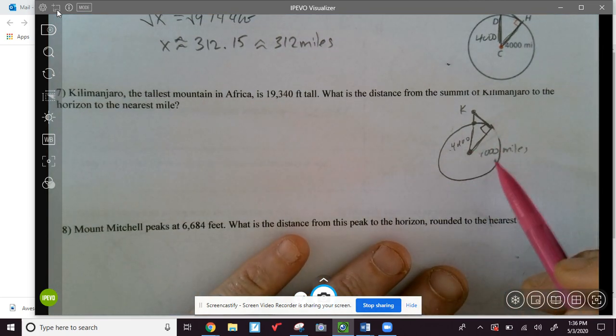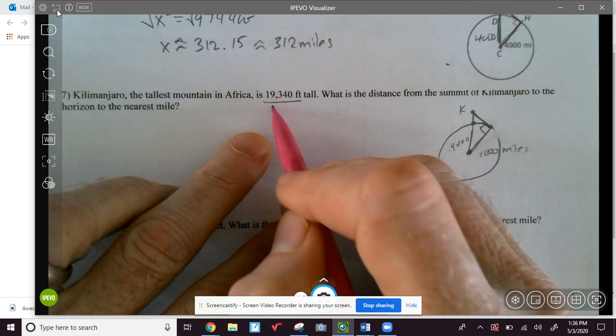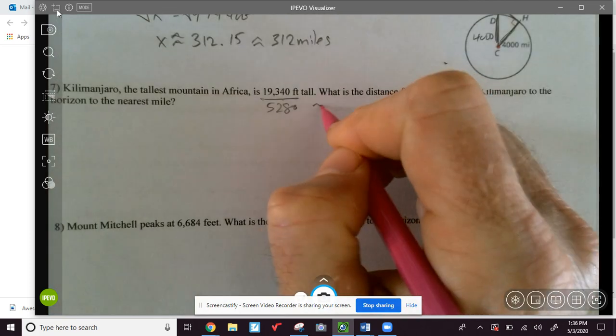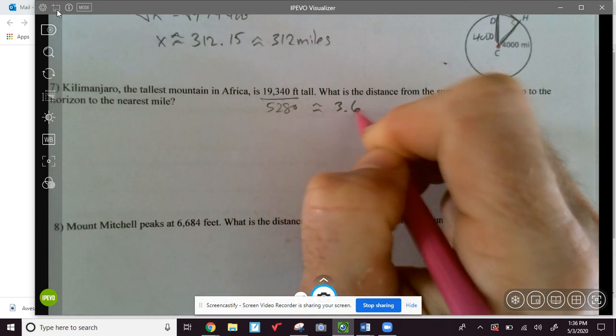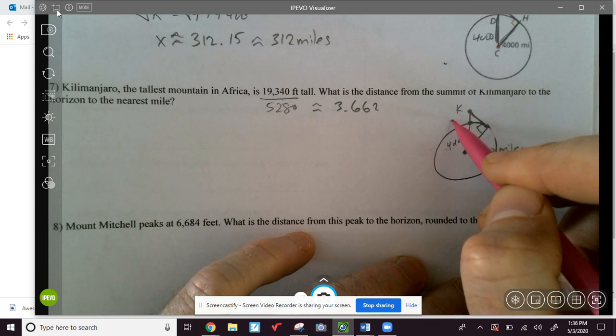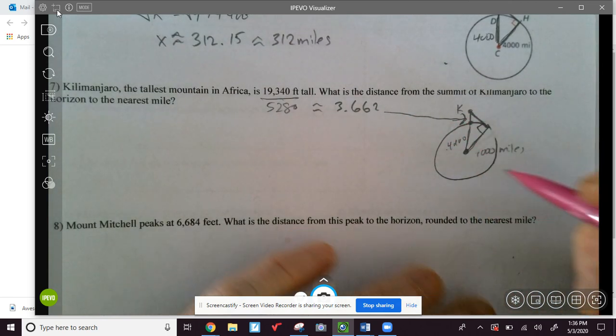We have these in miles, but that's in feet, so I'm going to divide by 5,280. 19,340 divided by 5,280 is 3.662. I didn't round, I just wrote out the digits. So the height is 3.662 miles.